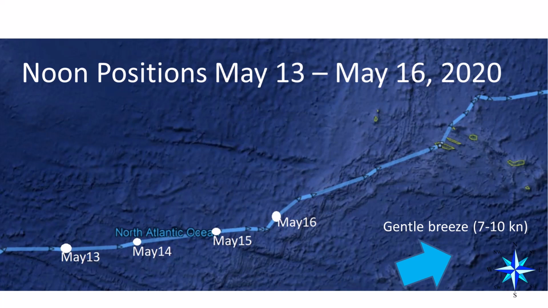Light blue here means gentle breeze, 7 to 10 knots, light green is used for moderate breeze, and dark green for fresh breeze. Yellow means strong breeze, and red means gale.